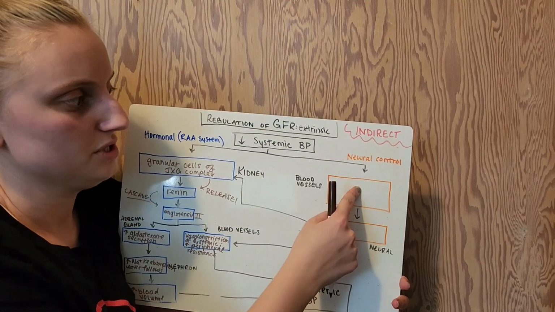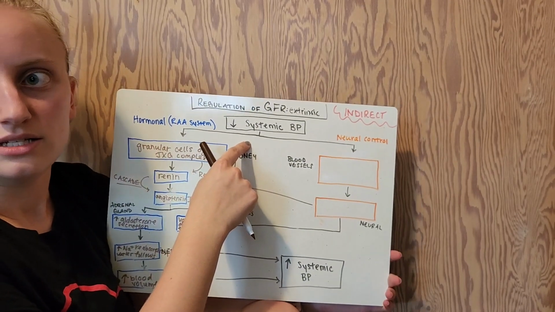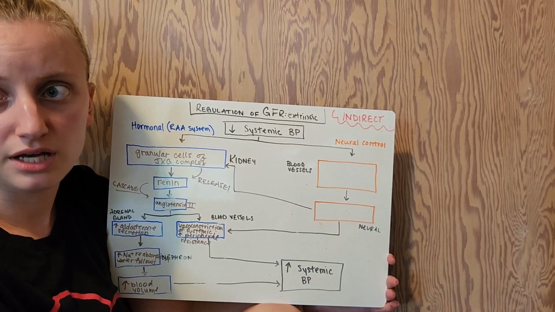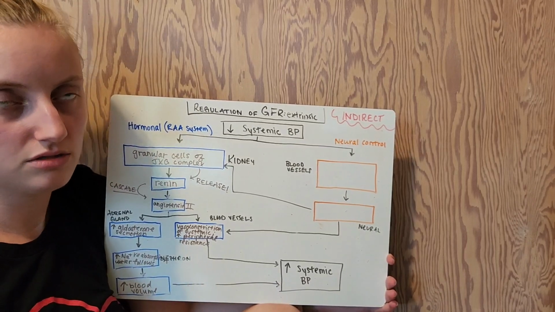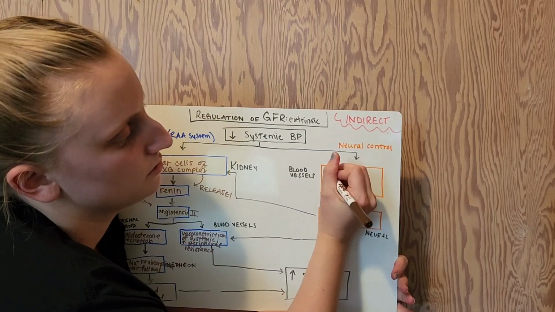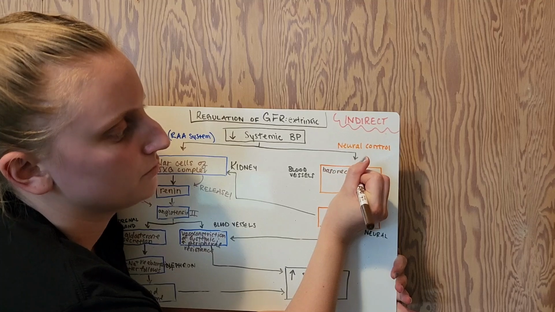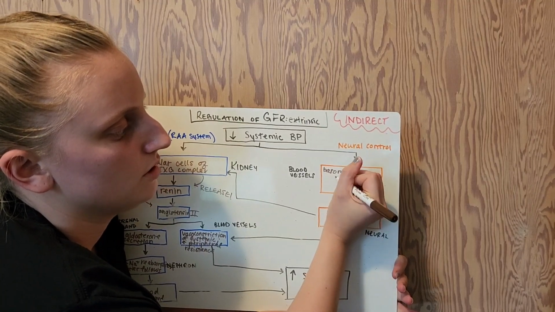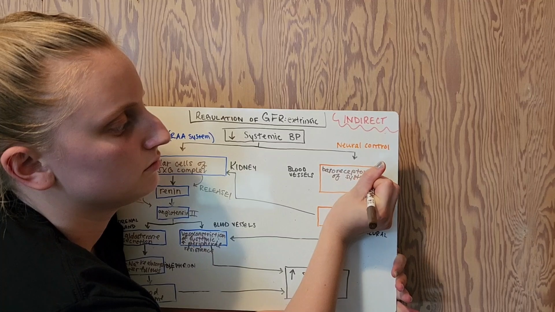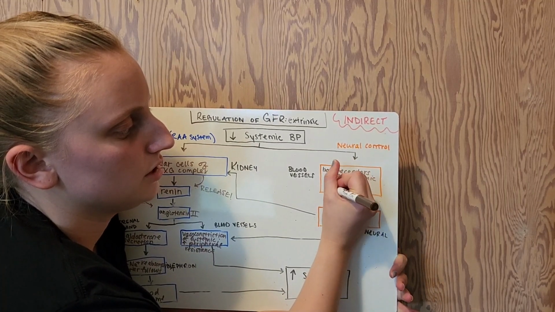So our first response to a decrease of systemic blood pressure is an inhibition of baroreceptors in our blood vessels in our systemic circulation. So we have our baroreceptors of systemic circulation inhibition.